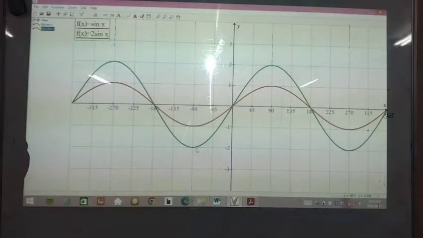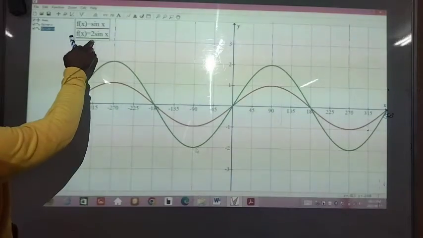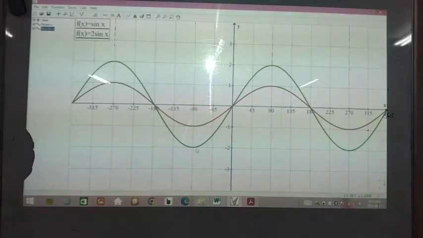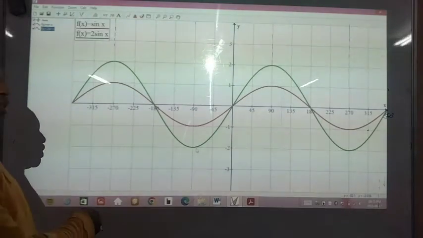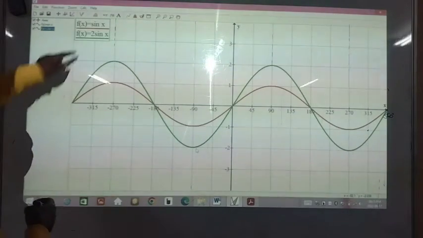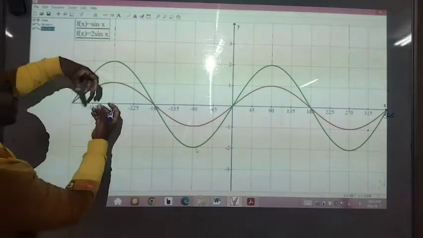Alright, so this is the graph of y is equal to 2 sine x. We have said A stretches the graph. So the 2 is stretching the graph.